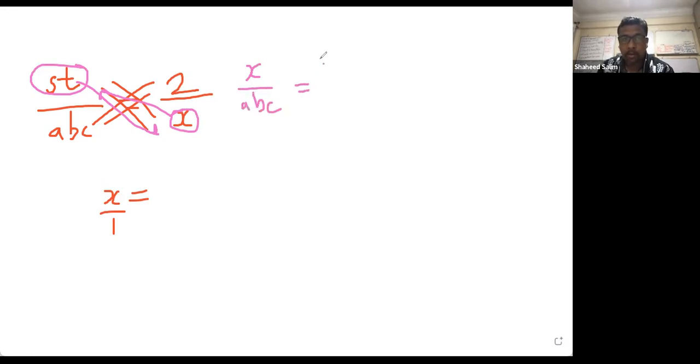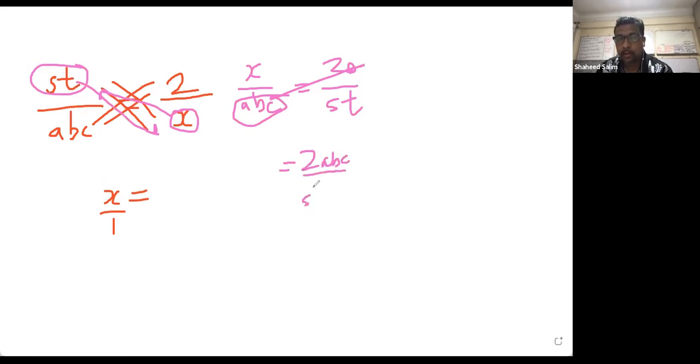Then on top down here is 2. Below here is ST. Can you see now? I just push up, I push down. Then all these 3, I push it up. You get 2ABC over ST. What do you have down here? X. When you push it, it doesn't become 0, it becomes 1. So the solution is this: X equals 2ABC over ST.